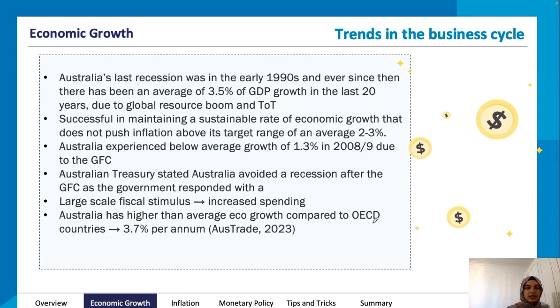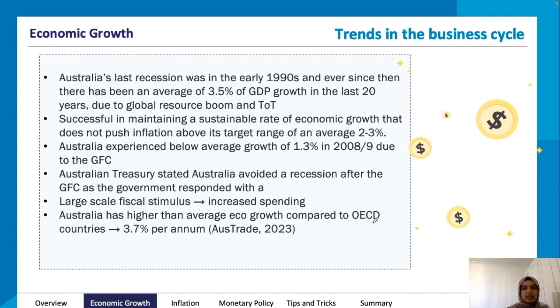So, Australia's last recession was actually in the early 1990s, and ever since then, there has been an average of 3.5% of GDP growth in the last 20 years due to the global resource boom and also the terms of trade. So, before the COVID recession, I guess, is the one that we had in the early 1990s.